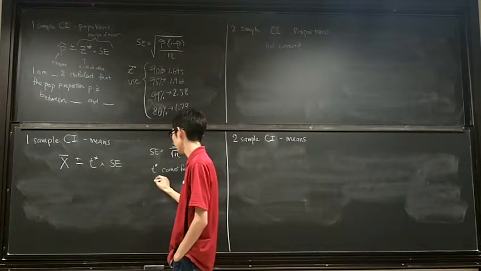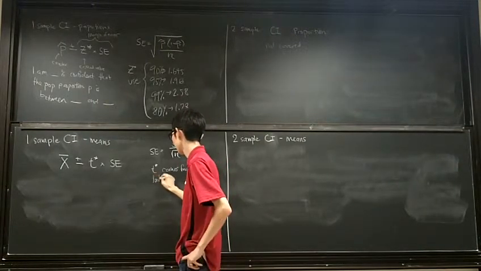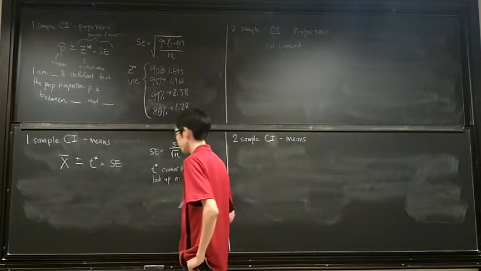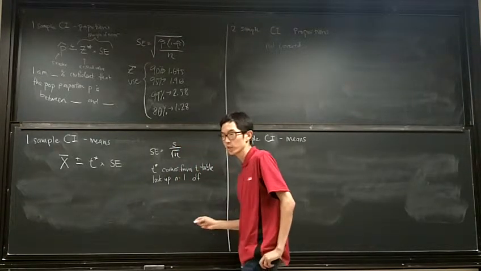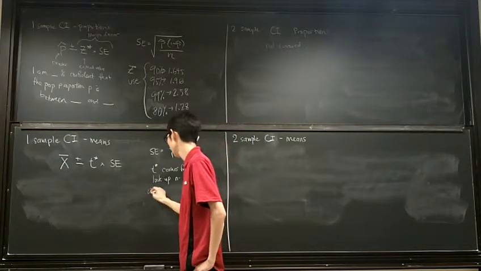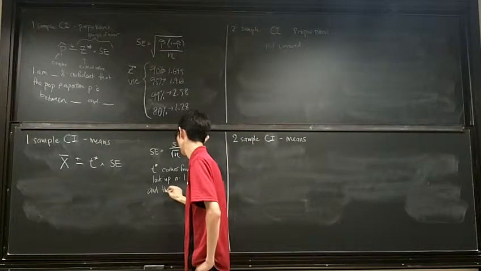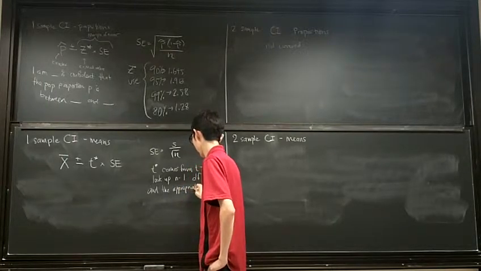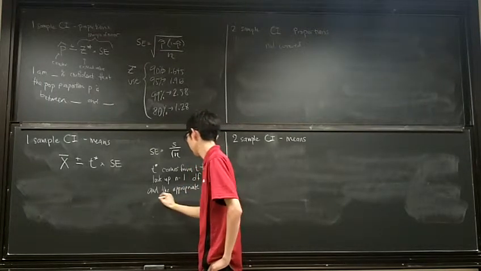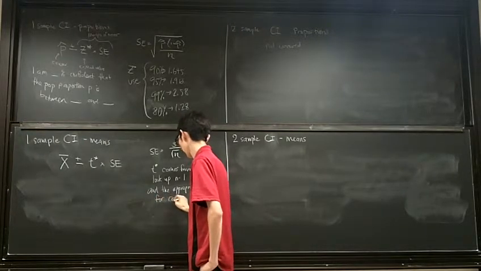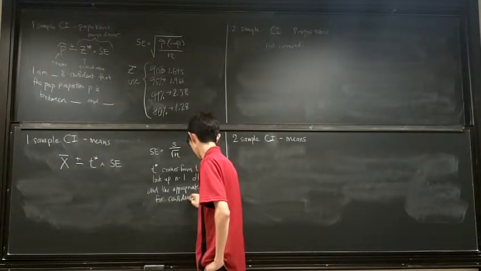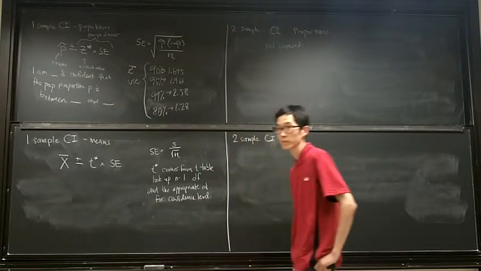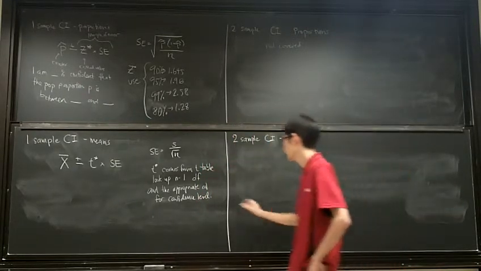Look up n minus 1 degrees of freedom and the appropriate column for the confidence level.